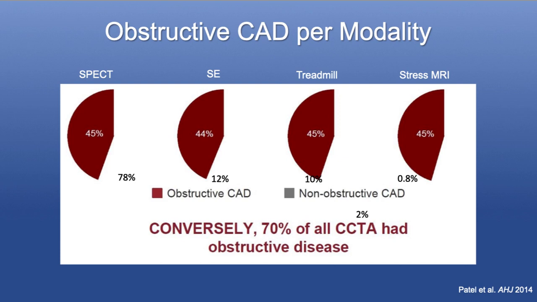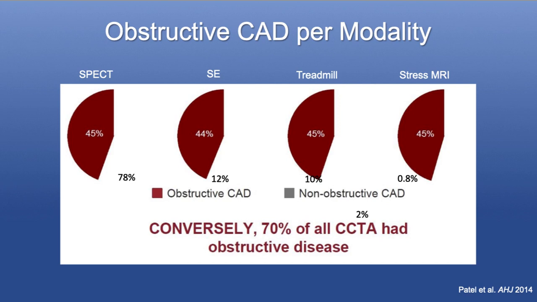Like I was saying, there's different ways to assess for coronary artery disease. We can see here the percentages from a paper from Patel in American Heart Journal in 2014 already. The percentage of obstructive and non-obstructive disease per different modality as compared to CT.